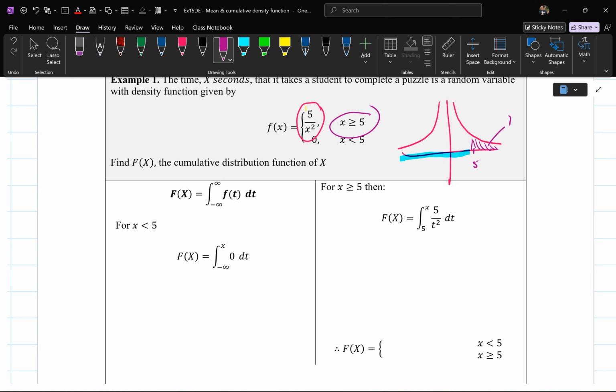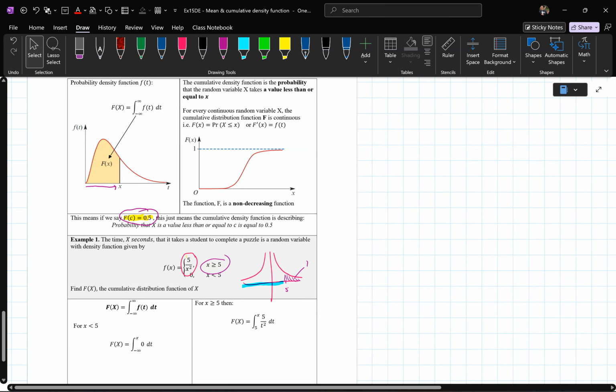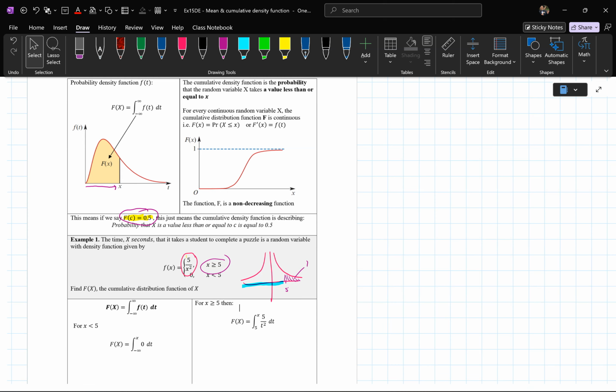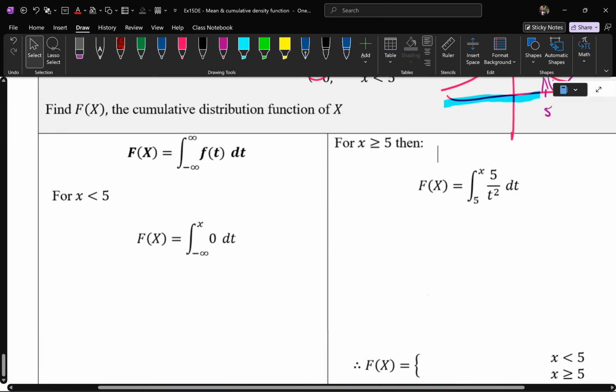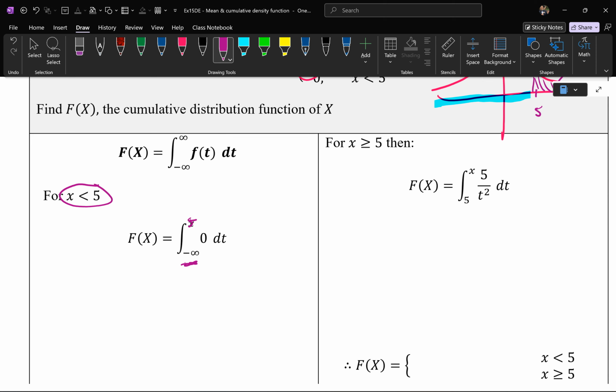So if I were to change it, based on what I've understood, cumulative frequency is from negative infinity to the area under the curve, right? So here, I can already say from negative infinity up until less than 5, when x is less than 5, it should be 0, because that would just give you 0.